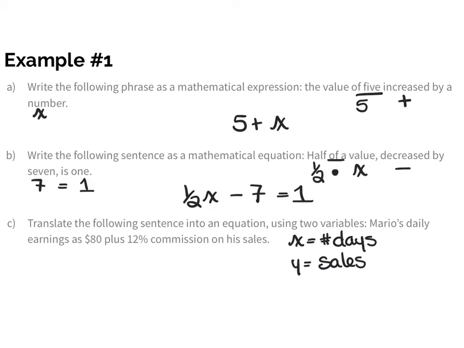So his earnings are $80 per day. So we have 80 times the number of days that he actually works. Plus we talked about 12% and how when we have a percent, we would change it into a decimal. So 0.12, and with percent we always multiply by the sales.